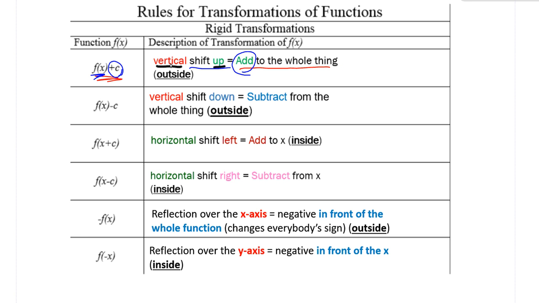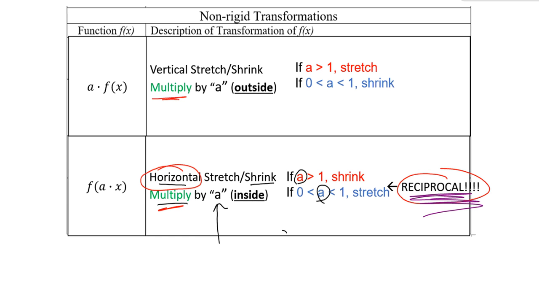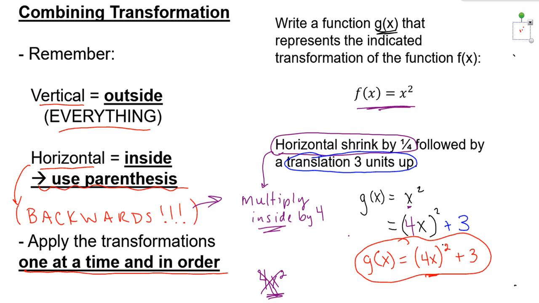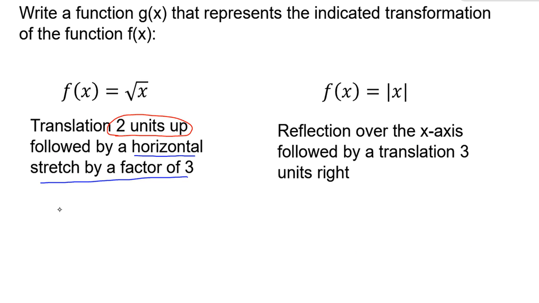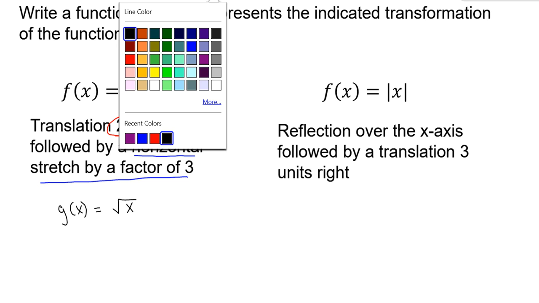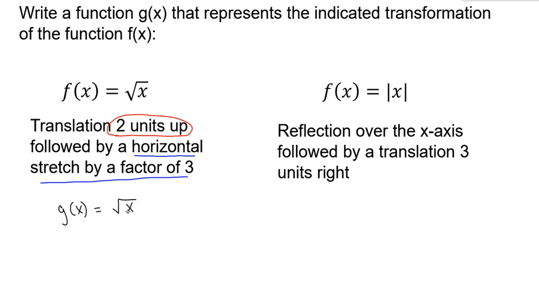We already talked about shift up means add to the whole thing. So this means I'm going to take my original function, g of x is my new one, so g of x equals square root of x, but this first one says that we're going to go outside the function and add 2. Okay, red one's done.